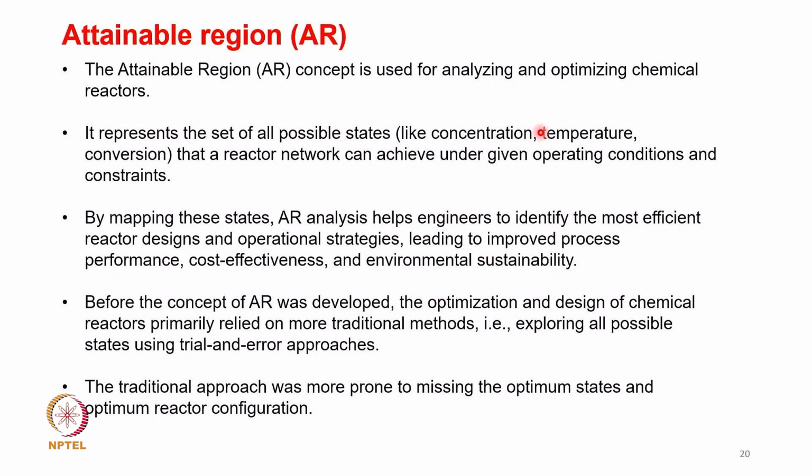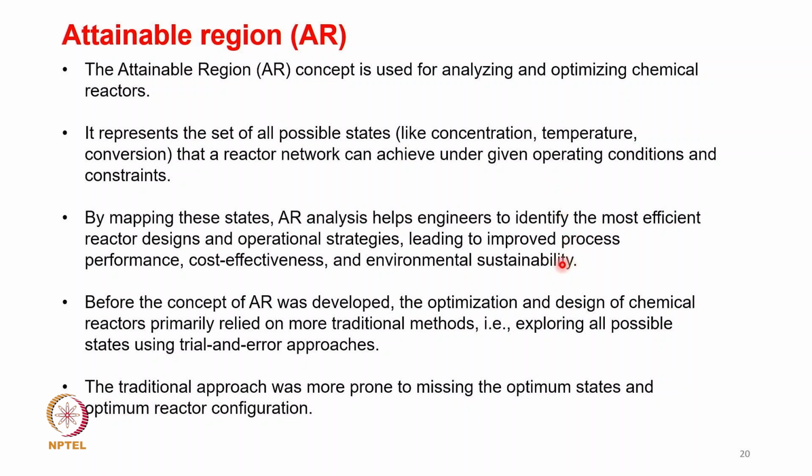So, now let us understand what attainable regions are. An attainable region represents the set of all possible states, like concentration, temperature, and conversion, in a reactor network that can be achieved under given operating conditions and operational constraints. Operational constraints may also play a key role.